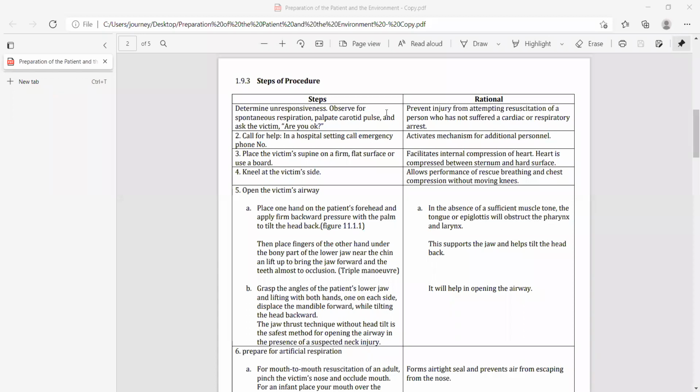That's why we give resuscitation. So we need to ask the patient whether he or she is okay or not, whether the respiration is normal or not. By doing this, we can prevent injury from attempting resuscitation of a person. So that is for safety. Are you clear with the first point?